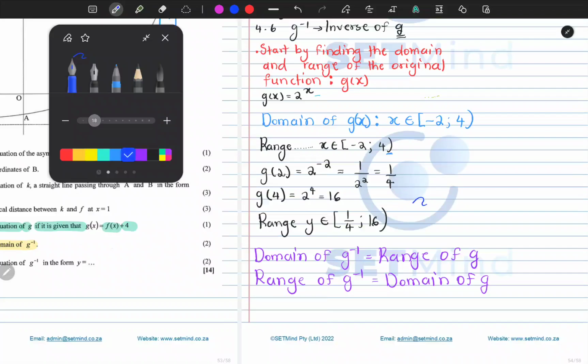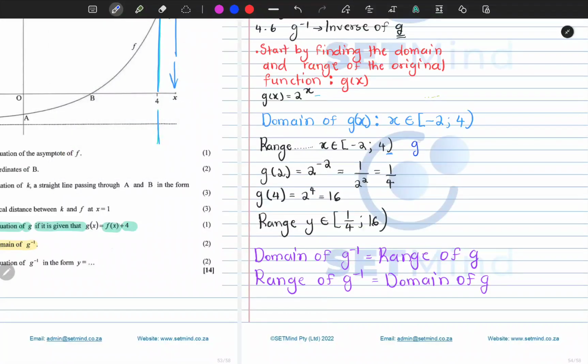So let's quickly finalize our answer. So remember that this domain and range which we're working above here, they were for g. So I'll state that these were for g, and this also was for g.